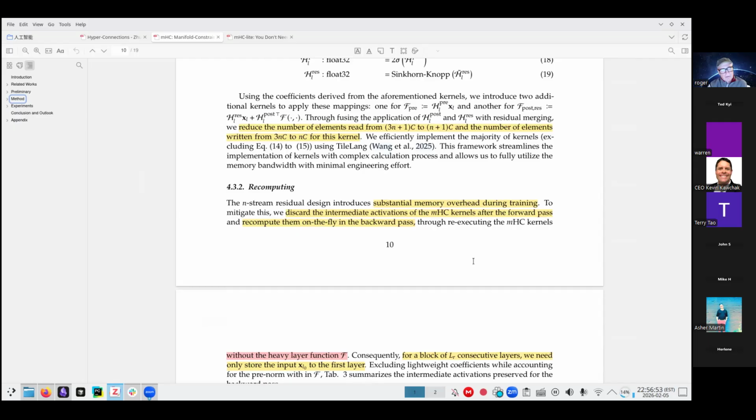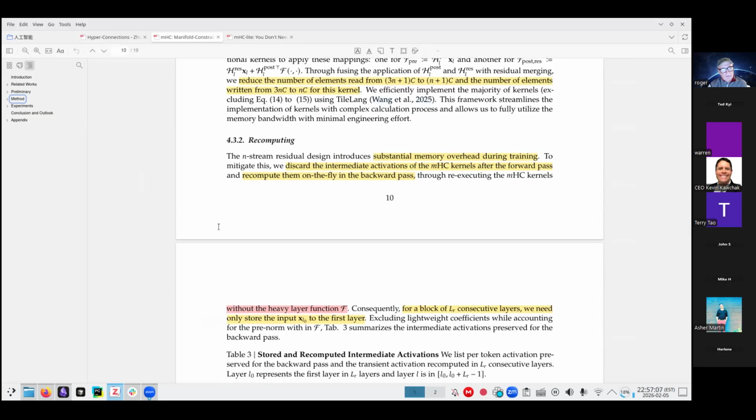So they have to do a number of tricks to keep that memory down. One of them is recomputing. They literally say that only every 2 or 3 layers do they actually store the activations, because the activations are so big. This does make it more expensive, because it has to recompute the forward pass to get those activations back.